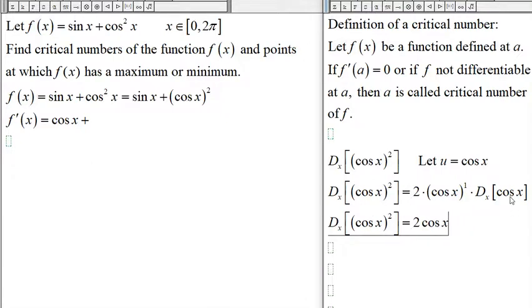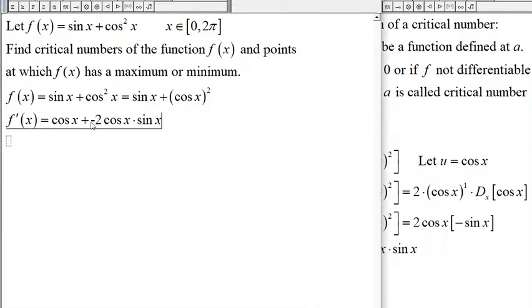And then the derivative of the cosine of x is negative sine of x. And so we end up with negative 2 cosine of x times sine of x. And so for the derivative of cosine squared of x, we get this. So that would be just minus.